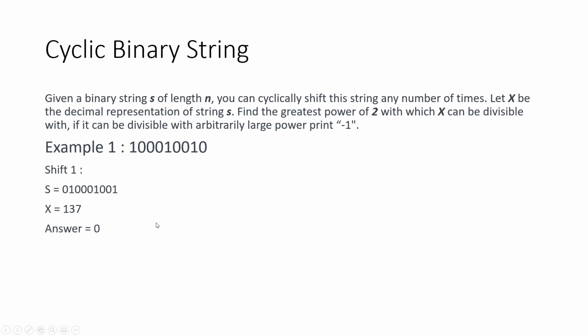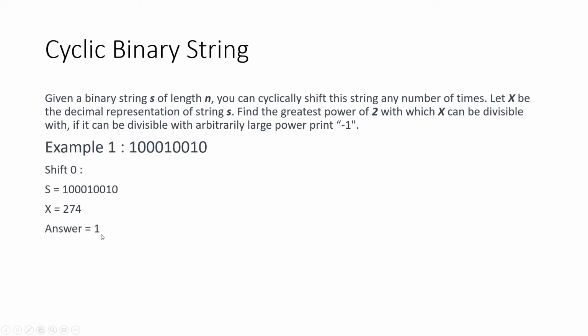When we shift this by 1, we get the decimal value 137, and this is not divisible by any power of 2. It's only divisible by 1. So the answer is 0, that is 2 to the power 0 is 1. When we shift again, we get 324 as the decimal value, and the answer is 2.